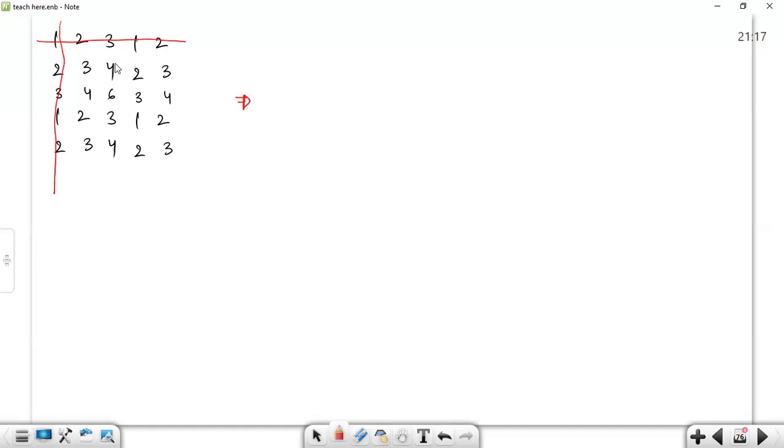Now what we will do is we will find out the first element by cross multiplying and subtracting. 18 minus 16 becomes 2. 12 minus 12 becomes 0. 8 minus 9 becomes minus of 1. 12 minus 12 becomes 0. 6 minus 9 becomes minus of 3. 6 minus 4 becomes plus of 2. 8 minus 9 becomes minus of 1. 6 minus 4 becomes 2. 3 minus 4 becomes minus of 1.